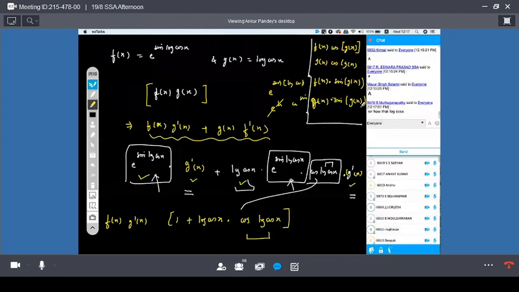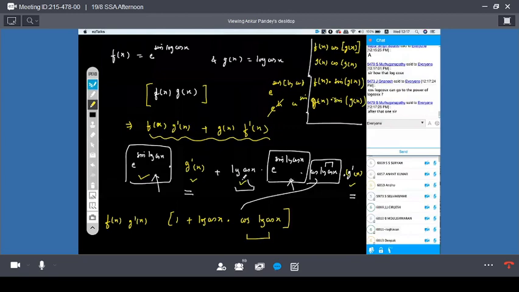Sir, how that log cos x, g of x, as it is? Which one? Arey yaar, it is simple.